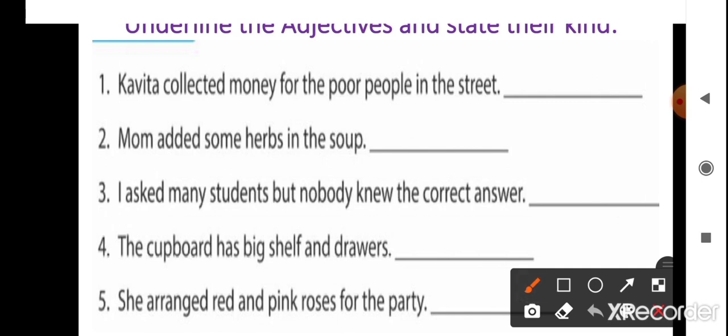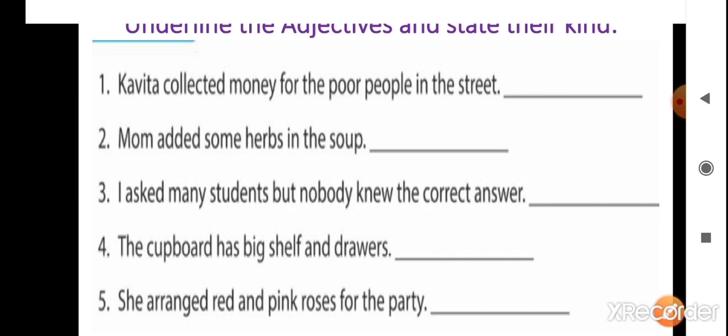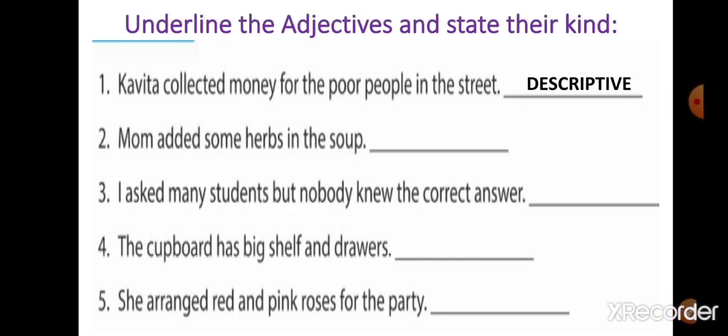Kavita collected money for the poor people in the street. So here which word is an adjective? Poor. And which type of adjective is it? It is a descriptive adjective. Very good.